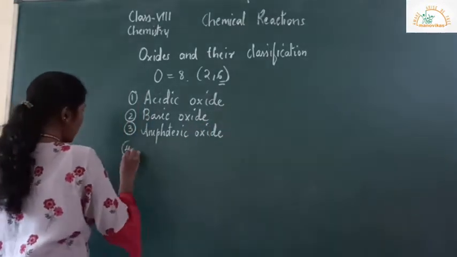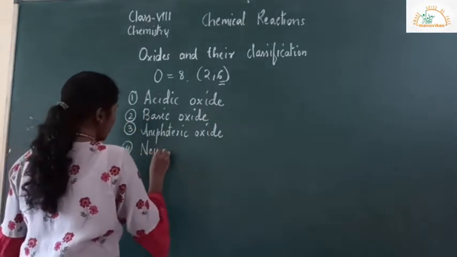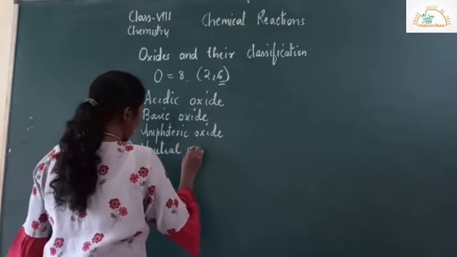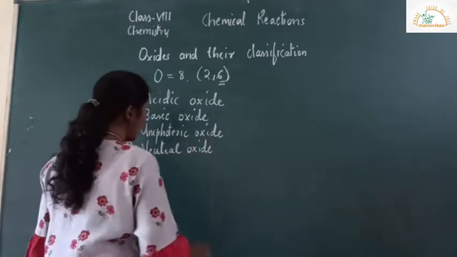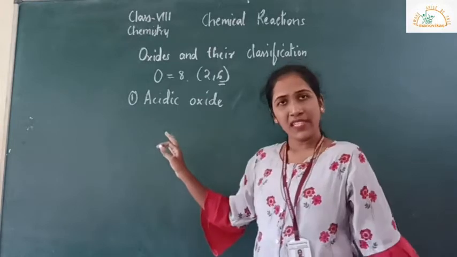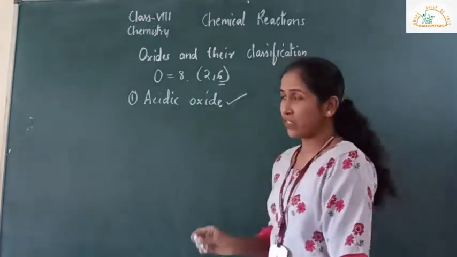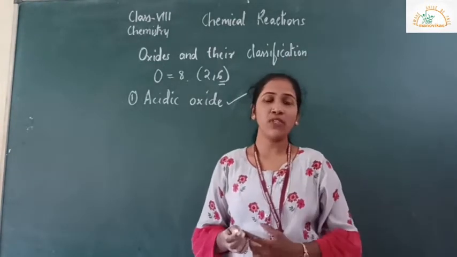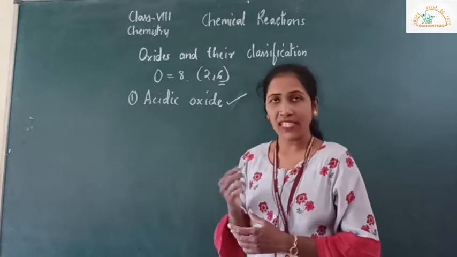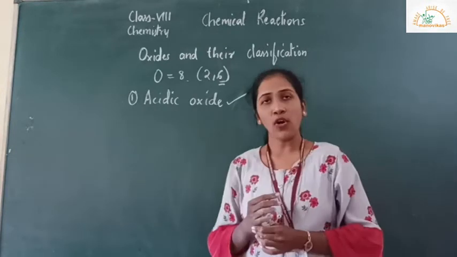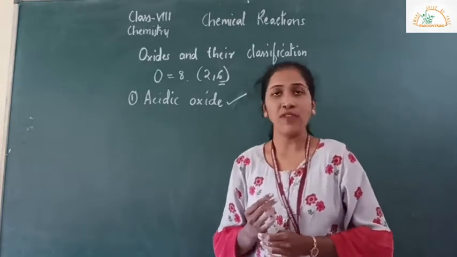And fourth one is neutral oxide. Okay. Let's study the first one, that is acidic oxide. When a non-metal reacts with oxygen, they form acidic oxide. Now this acidic oxide is formed through a covalent bond.